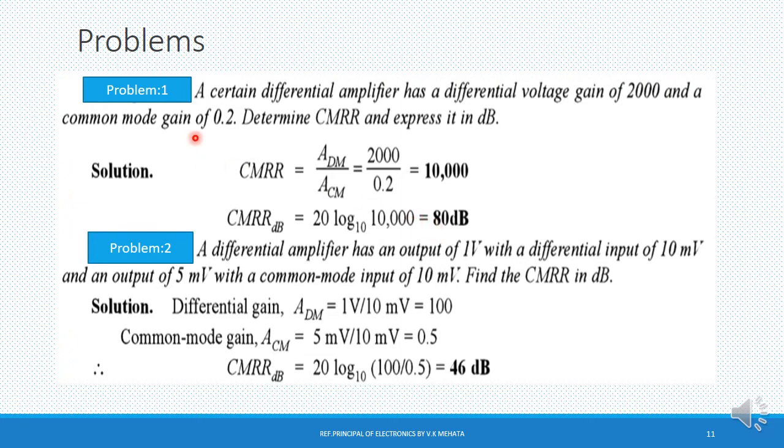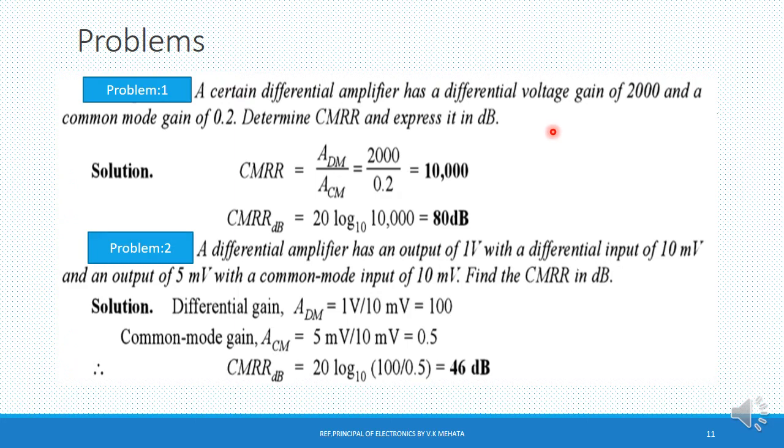First let us see what things are given. A certain differential amplifier has a differential voltage gain of 2000 and a common mode gain of 0.2. Determine CMRR and express it in dB. What is CMRR? For this, first you should write the given things.